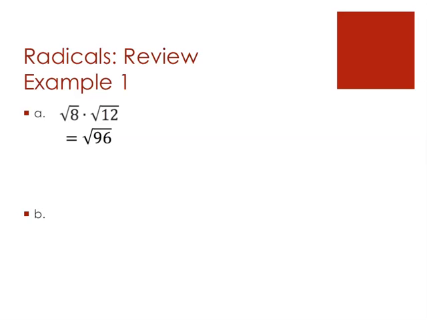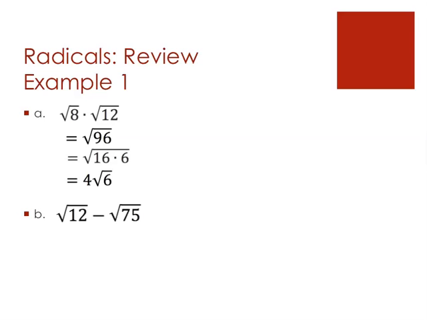In this case, 16 is a factor of 96. You want to try to find the largest perfect square that you can take out. So we can rewrite 96 as 16 times 6. And the square root of 16, because it is a perfect square, comes out to be exactly 4. So we can simplify, and this becomes 4 root 6.